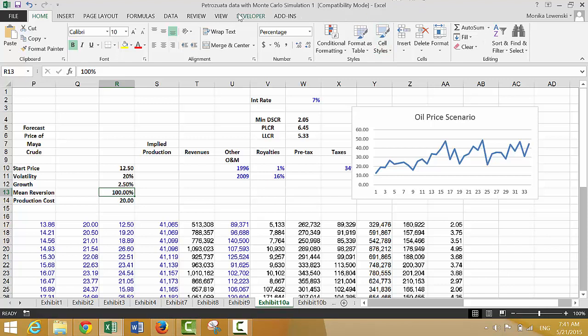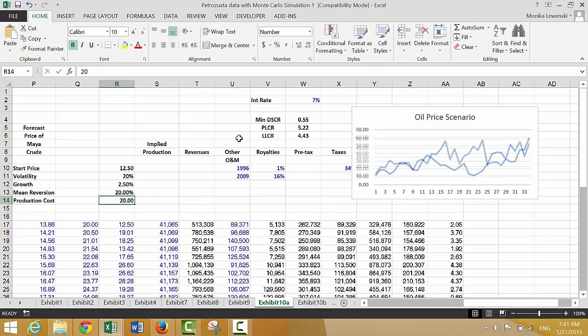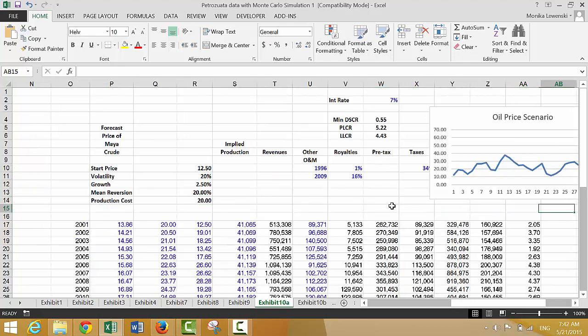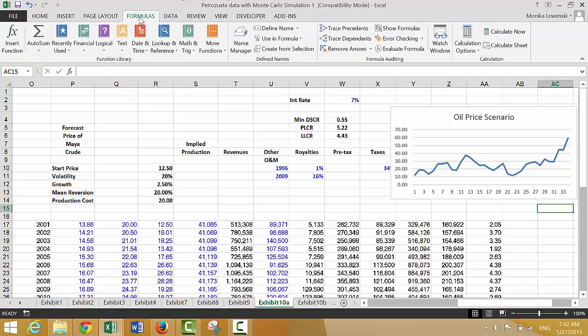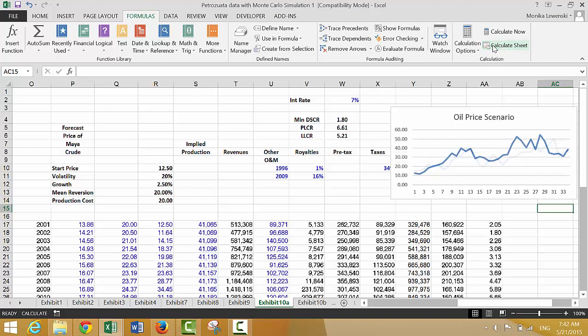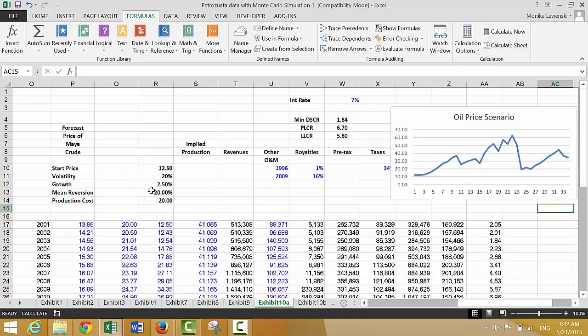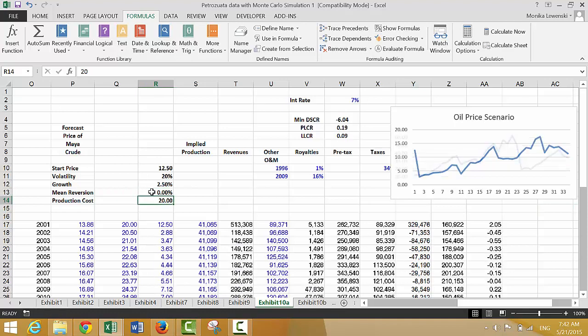If you want to use a Monte Carlo analysis and you're going to ignore the production costs and just let it go to crazy levels... even if we put a 20% mean reversion, and this is of course just one scenario, we have to go to formulas and calculate sheet, and it goes around. But if we put 0% mean reversion, we get a dramatically different thing.